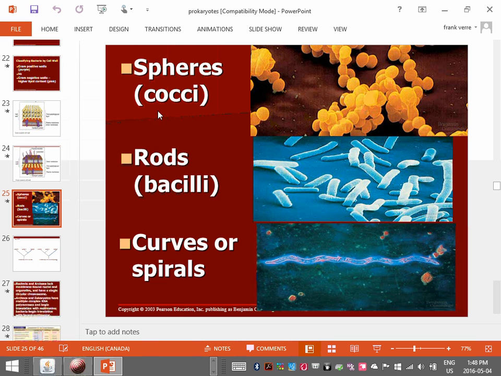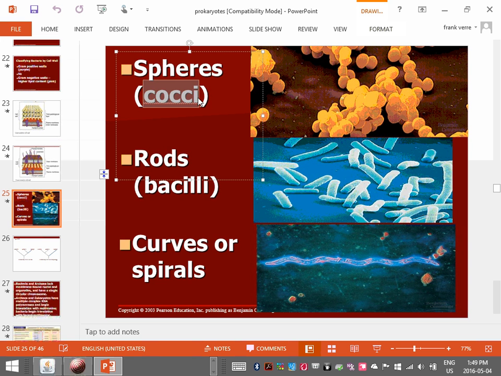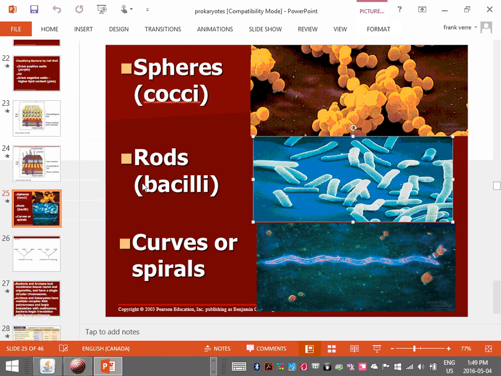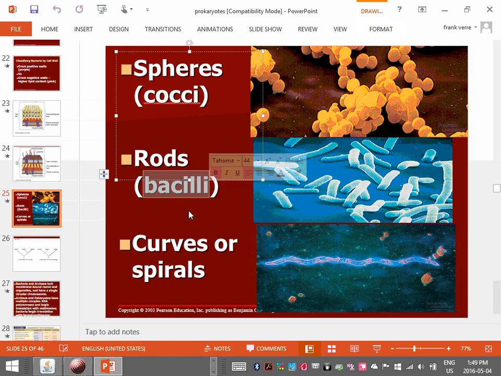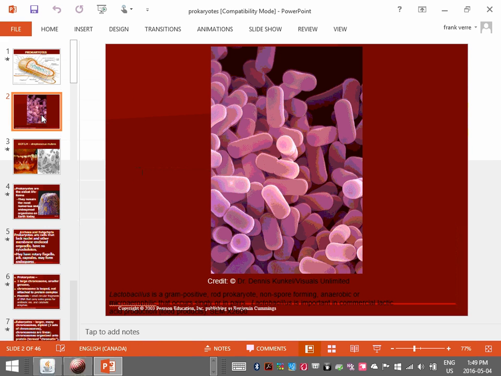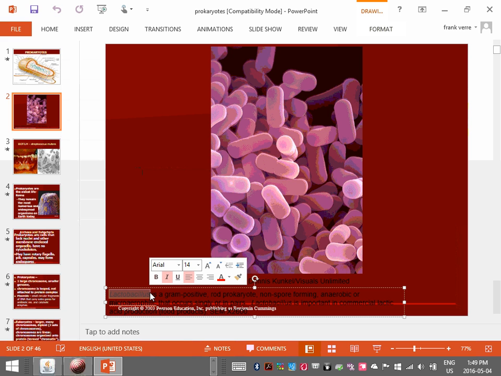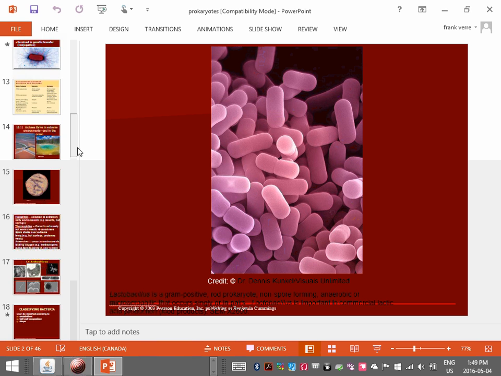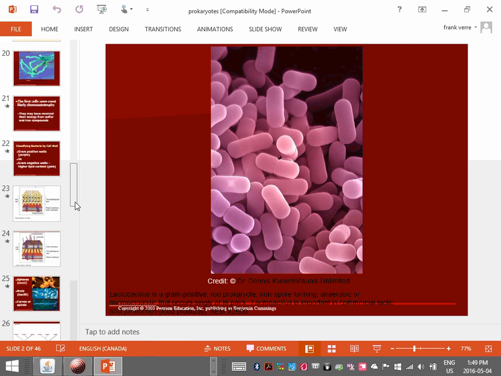There's a way that they're named. You notice the circular ones have this name, cocci, and the rod ones are bacilli, and the spiral ones are spirilli. Now, if you think about the name of this bacteria, it's called Lactobacillus. So, if you go back, bacillus is what shape?